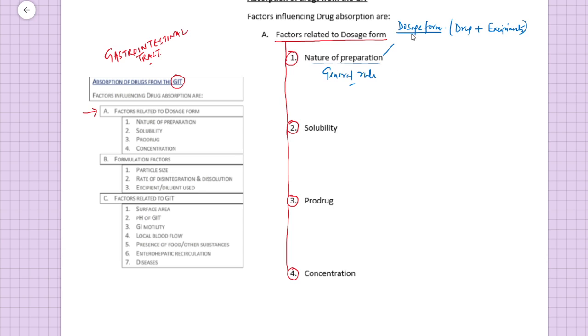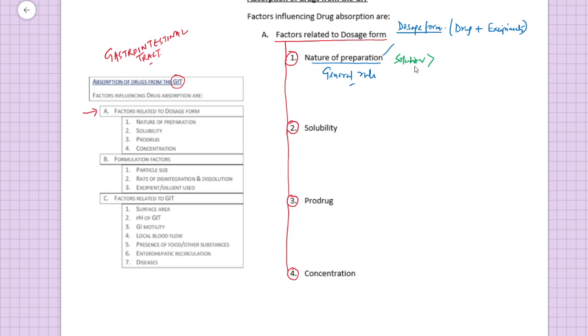There are different types of dosage forms. We have tablets, we have solutions. As a general rule, for oral absorption, the oral dosage forms follow this order.